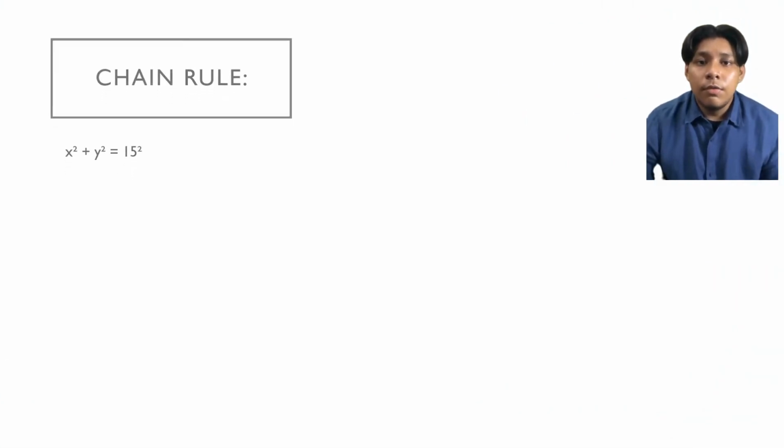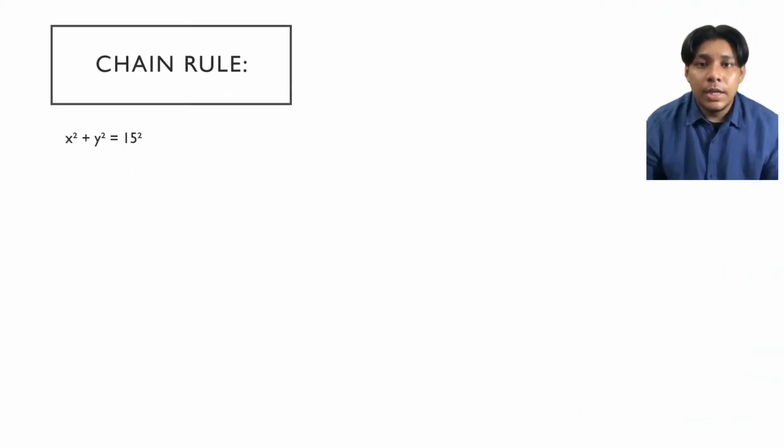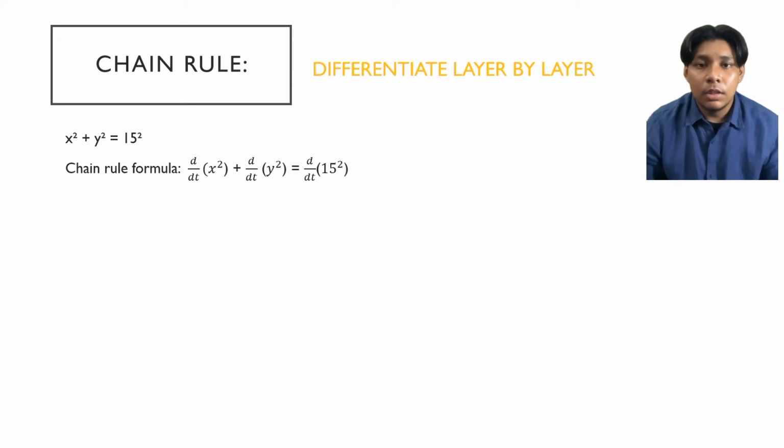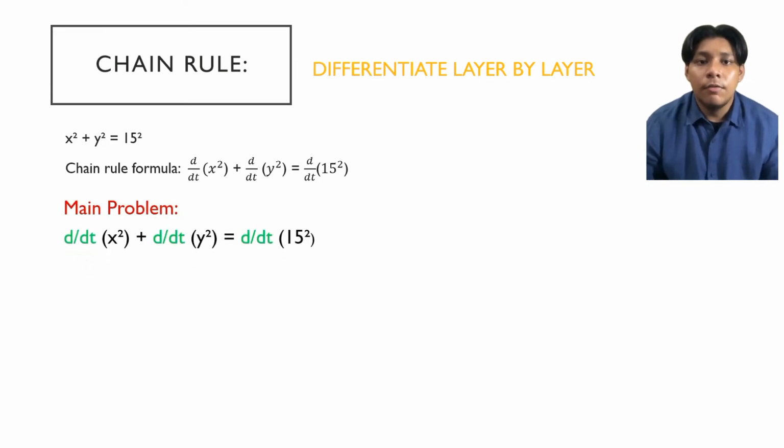Using the chain rule formula, we apply the chain rule inside the Pythagoras formula, which means we differentiate layer by layer. The first step is we apply d over dt to every variable. What is d over dt? The d over dt indicates the differentiate symbol.